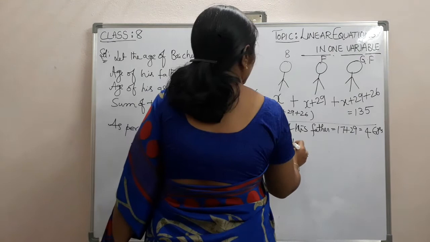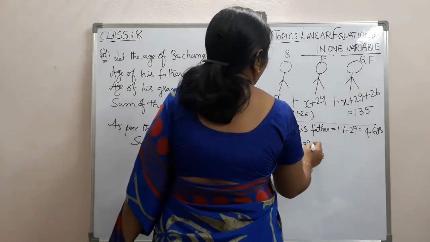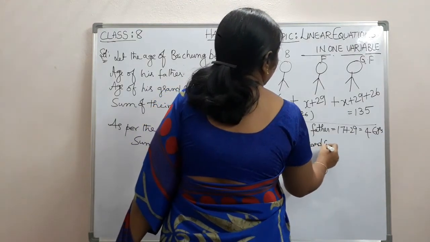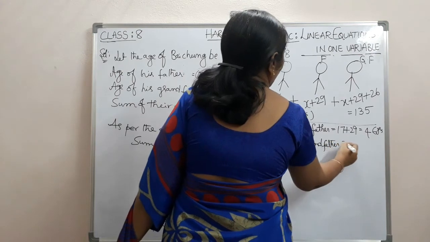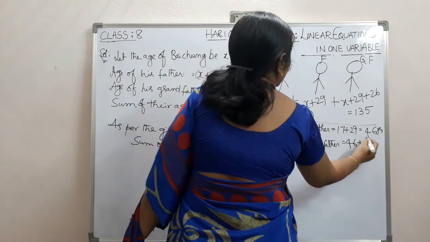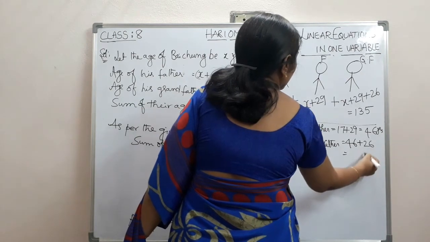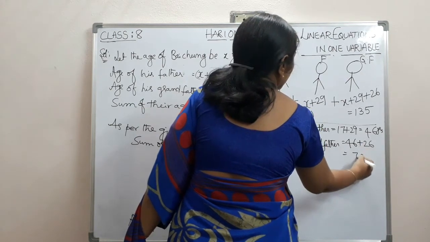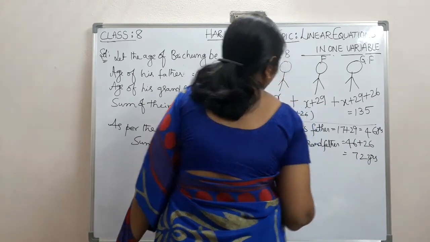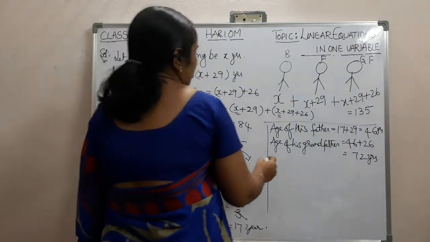The age of his grandfather is 46 plus 26, it is 72 years. Now we are going to check.